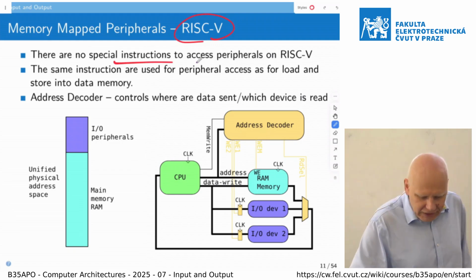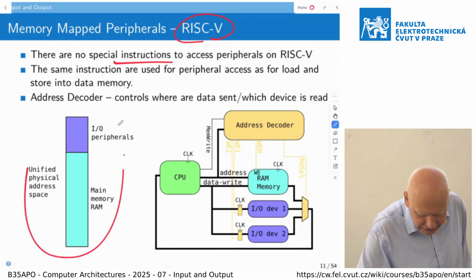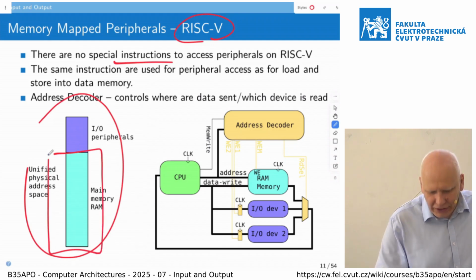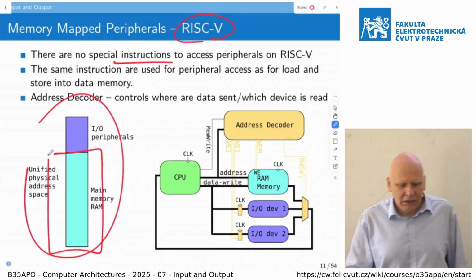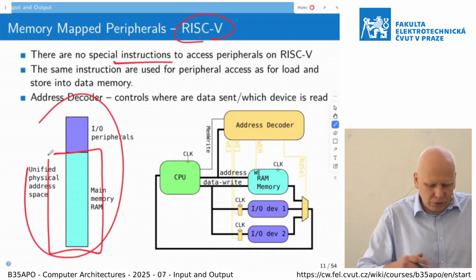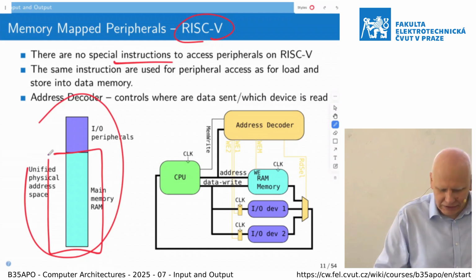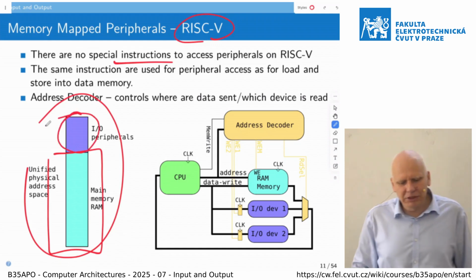And we divide the unified address space into the part which is used for the memory. And usually you have enough space there that there is a lot of free space because you have, for example, 1 gigabyte of memory in a 4 gigabyte address space. So into some part of the rest, you can map the peripherals.